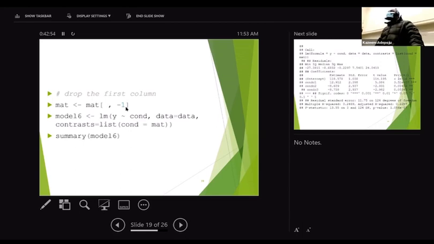Why am I doing linear regression? Because at the beginning, I told you the linear combination of constants and the group means is what we call the contrast. That is exactly what we want to test. So right now, you're going to write lm, linear model, Y, which is going to be your response, on COND.